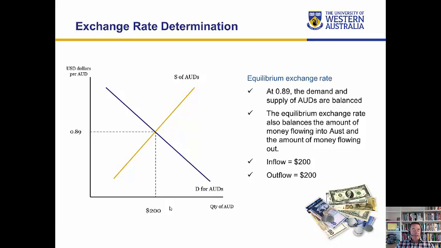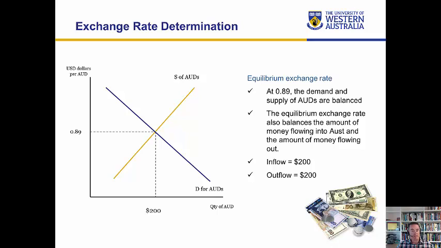When $200 is demanded in the foreign exchange market, the way we're going to interpret that in this course is that that demand of $200 for the Australian dollar must mean that foreigners are demanding 200 Australian dollars because they actually want to send $200 into Australia.